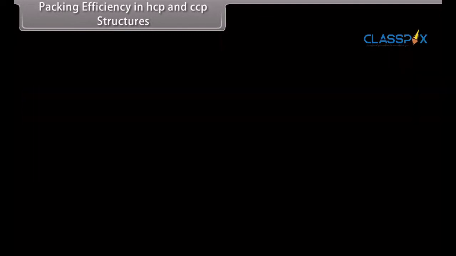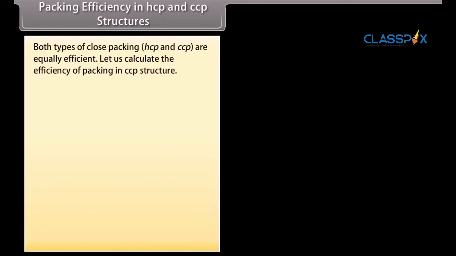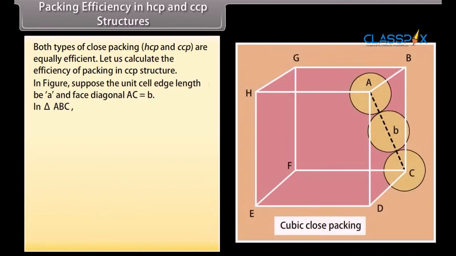Packing efficiency in HCP and CCP structures. Both types of close packing, HCP and CCP, are equally efficient. Let us calculate the efficiency of packing in CCP structure. In the figure, suppose the unit cell edge length BA is a and face diagonal AC is equal to b.